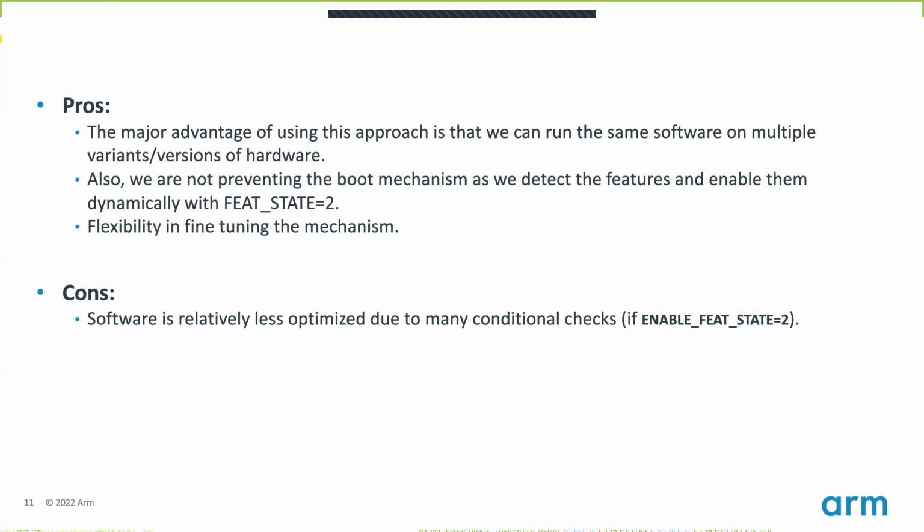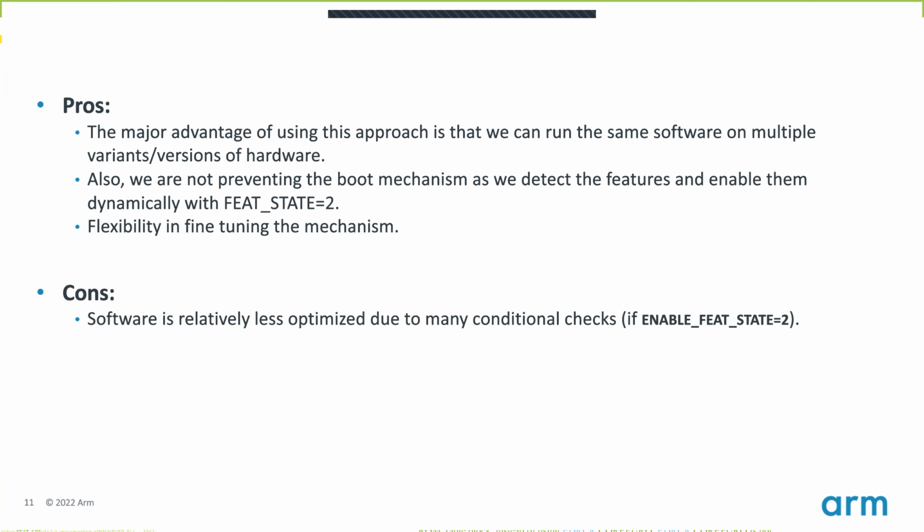So this was one of the main reasons to introduce state 2, wherein the platforms can decide and will have more flexibility in fine tuning this mechanism. The software will also be more dynamic, rather than the very strict checks happening with state 1. The platforms can decide whether they want very optimized software. When they're pretty much sure that they are only using one version of their platform, they can straightforwardly set it to 1 for all the features.